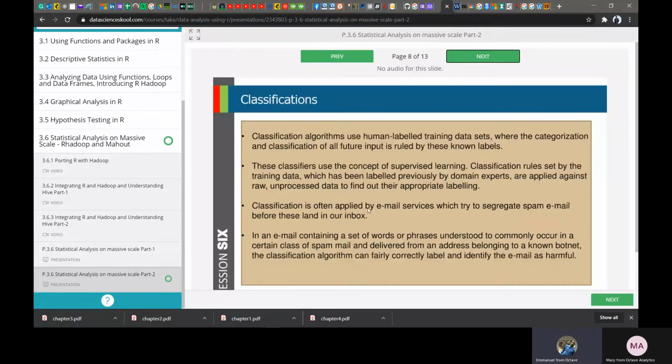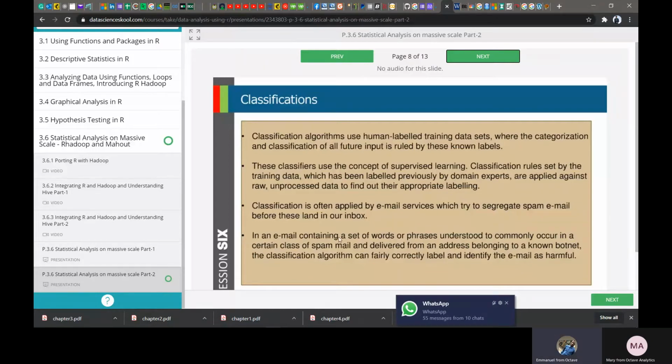Classification is often applied by email services to segregate spam email before it lands in your inbox. They have some set of what they are looking for in a particular email. If some set of words are found in an email and the threshold is passed, then that email is labeled as spam and goes into your spam or junk folder.